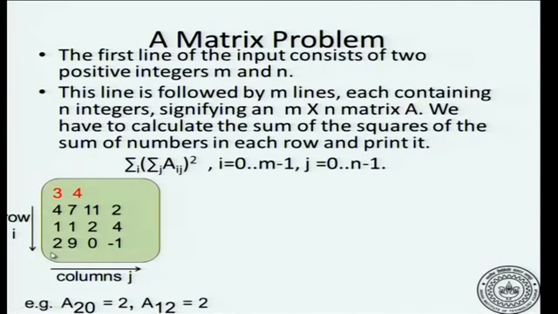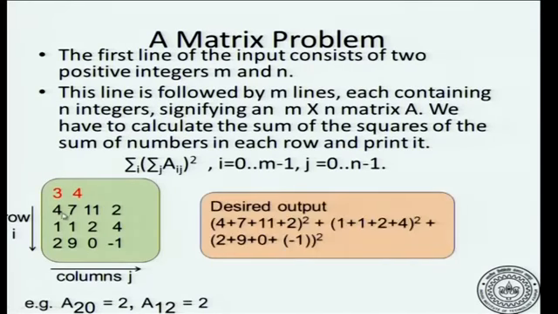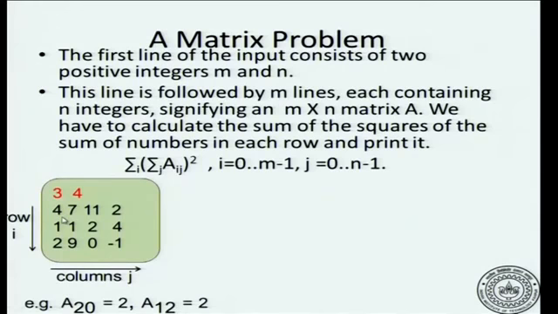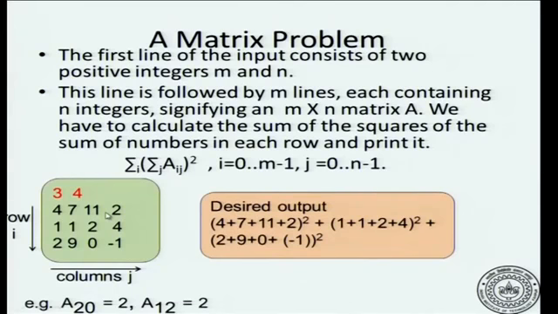Note that second row means we start with row 0, then row 1, then row 2, and 0th column is the first column. So A20 is this number, which is 2. Similarly, A12 is row number 1, column number 2, which is also 2. So the desired output is 4 plus 7 plus 11 plus 2 whole square, and so on.